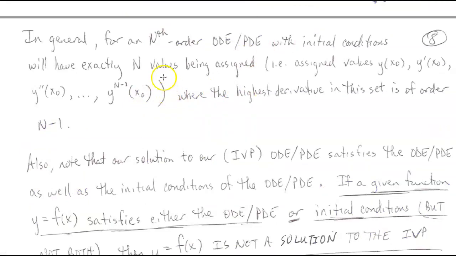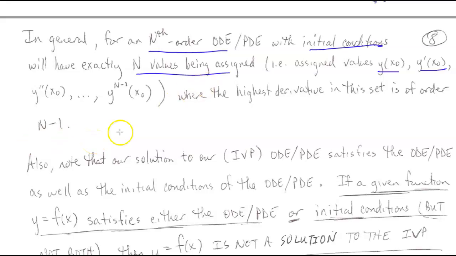Now, one of the things that I want to note here is that in general, whenever we're talking about nth order ODEs or PDEs with initial conditions, nth could just be third, fourth, fifth, sixth, whatever. We're just trying to talk about this in general. So the main thing to know is that with these initial value problems, we're going to have exactly n values being assigned, and they're going to look like y of some number, y prime of that same number, and it keeps on going all the way until we get to one derivative short of the highest derivative.